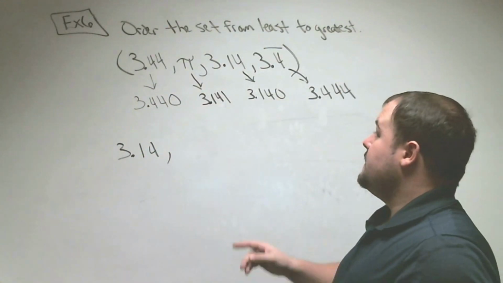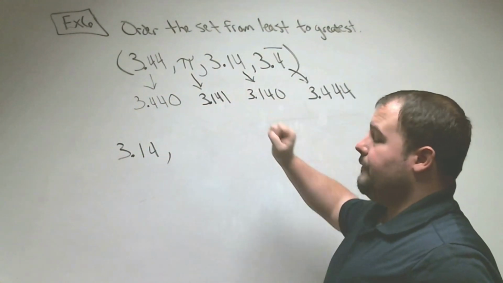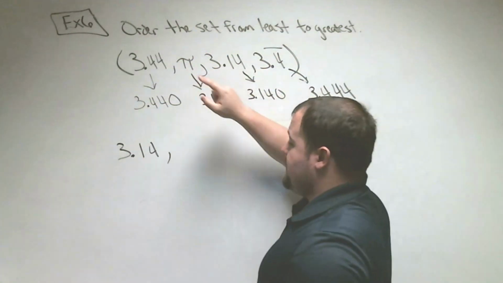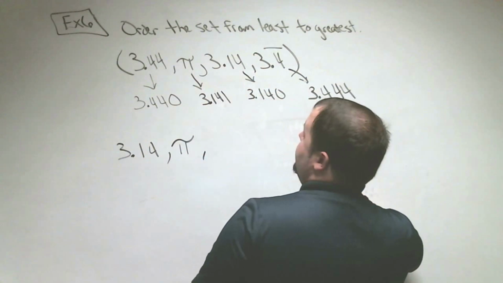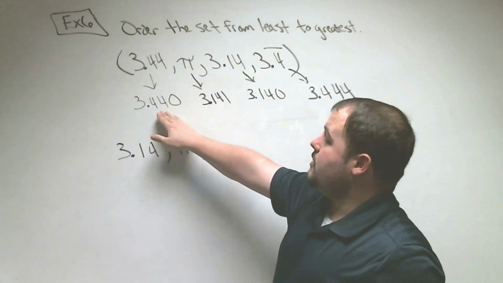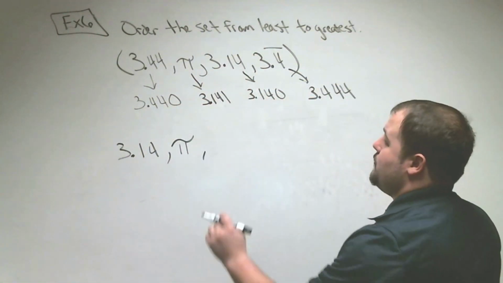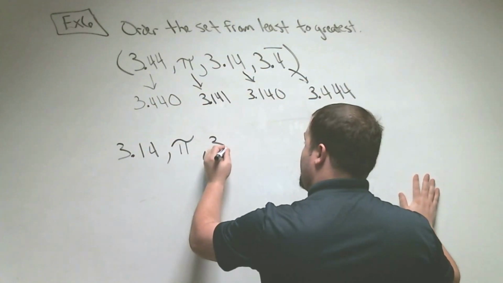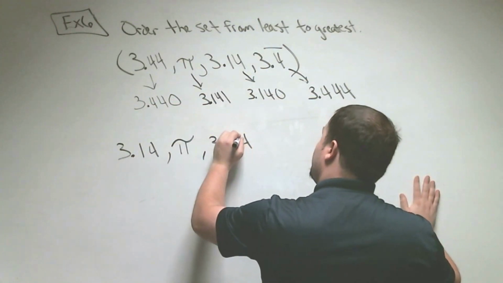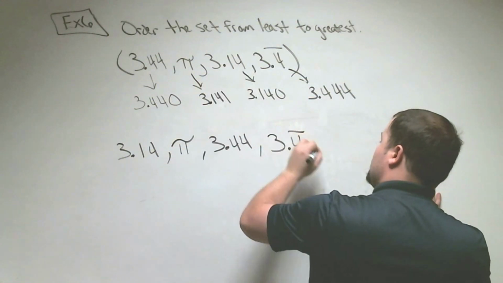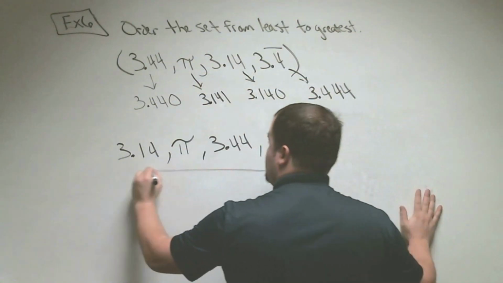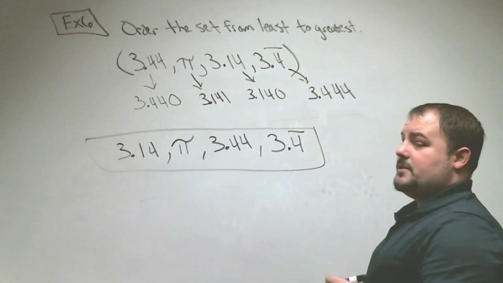The next smallest is 3.141, which is just this symbol here. So we're going to put a pi symbol. Next one, 440 or 444, 440, so 3.44. And the final one, 3.4 with the bar above it.